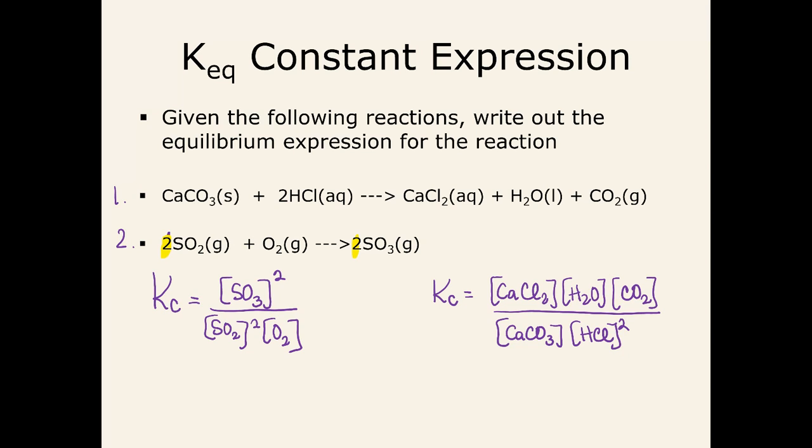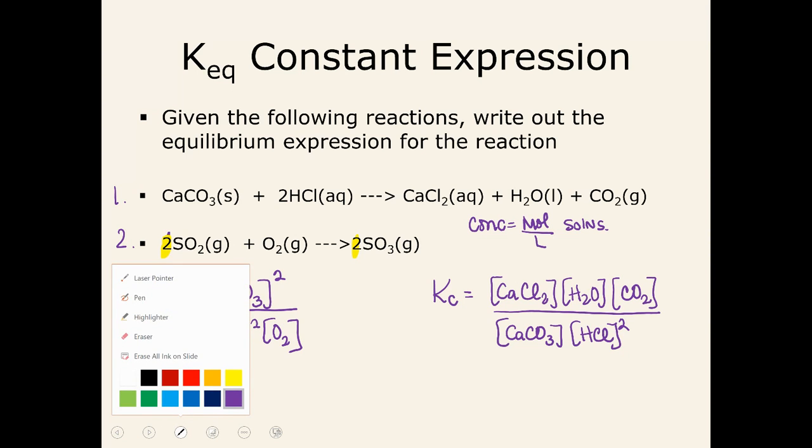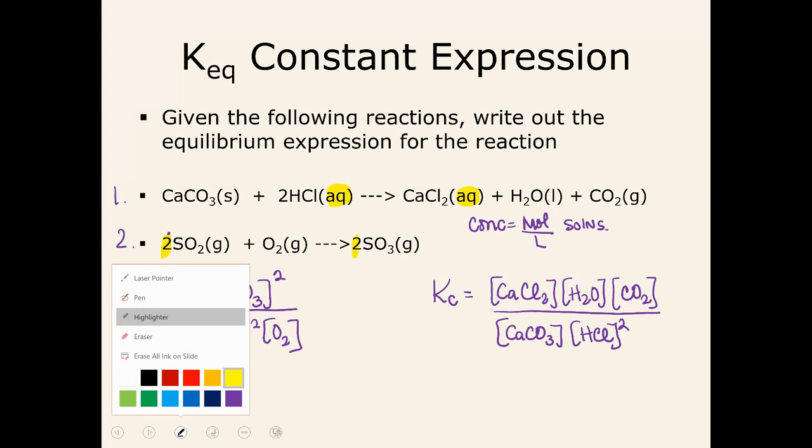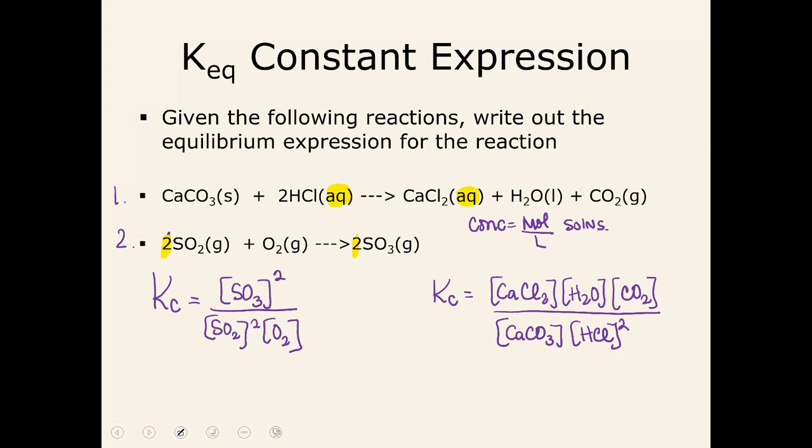Now, here's the deal, though, is concentrations, molarity, right? Moles per liter. We tend to describe with solutions. So things like aqueous ones. And then we also describe gases because they're very dilute.